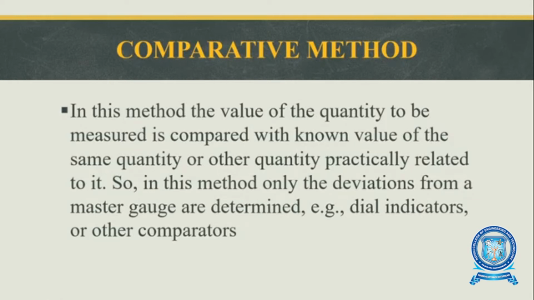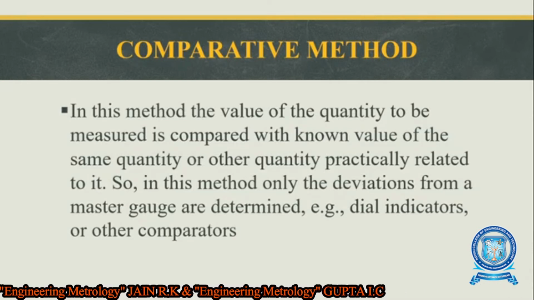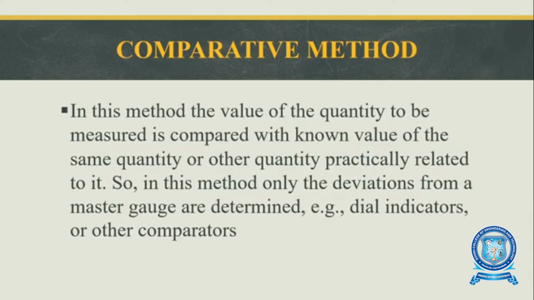The value of the quantity to be measured is compared with the known value of the same quantity. Suppose we took one object, we measure the value of the object, then we compare the value with the known value of the same quantity, which means a square product is measured and we find out its output. Then for another square product, we know the value.